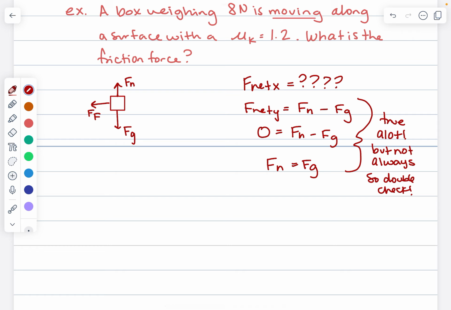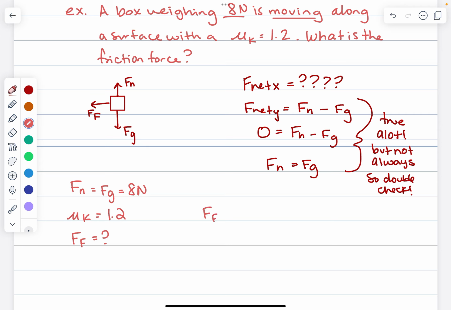It's a lot of the time equal to Fg, but write out the F net equation, prove it, then you can use it. So now I know Fn is equal to Fg, which is 8 newtons, because they gave me a weight. I know UK is equal to 1.2, and I'm looking for the force of friction.